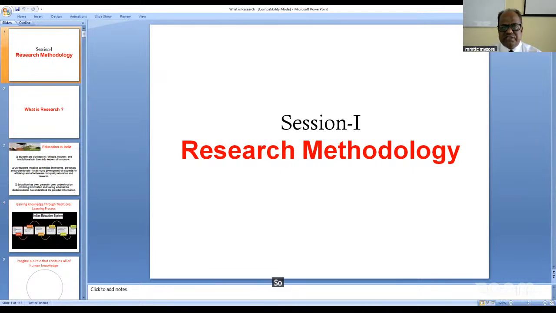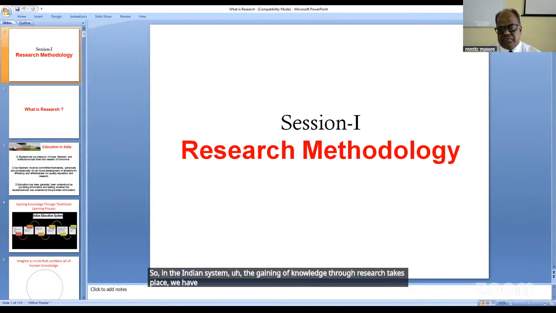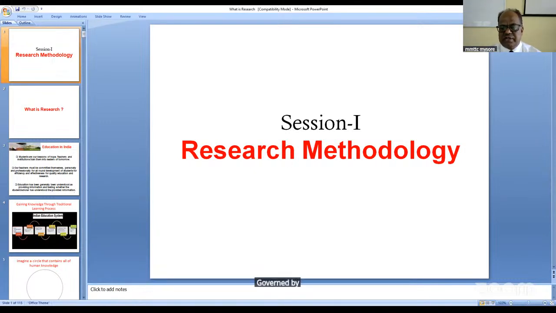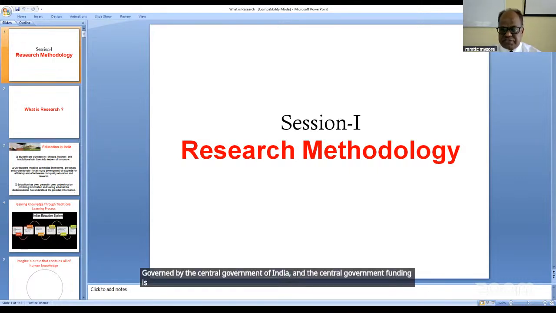In the Indian system, the gaining of knowledge through research takes place. We have in India 3 important university systems. We have the central university system governed by the central government of India, with central government funding. Then we have the state university system, where the state government funds education and research.